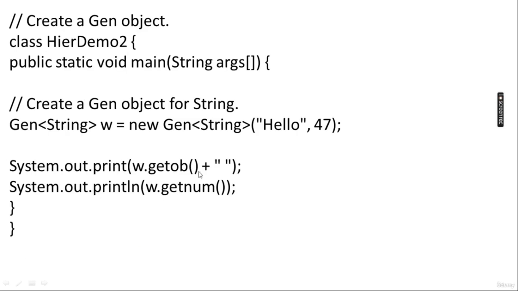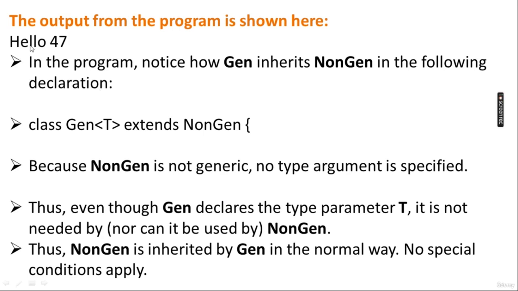Then w.getObject will be of type String. It will print hello and then the number will be printed and then a new line is displayed. So "hello 47" will be displayed over here.